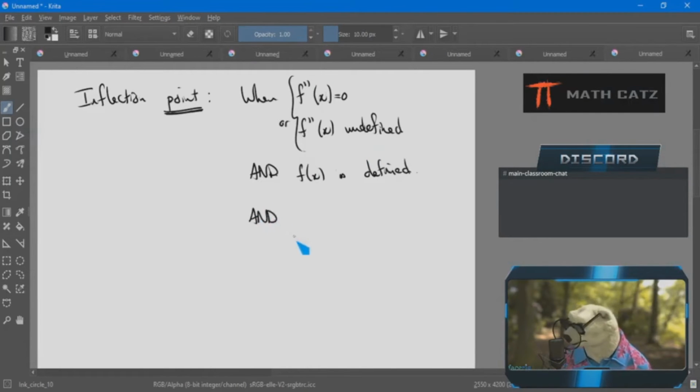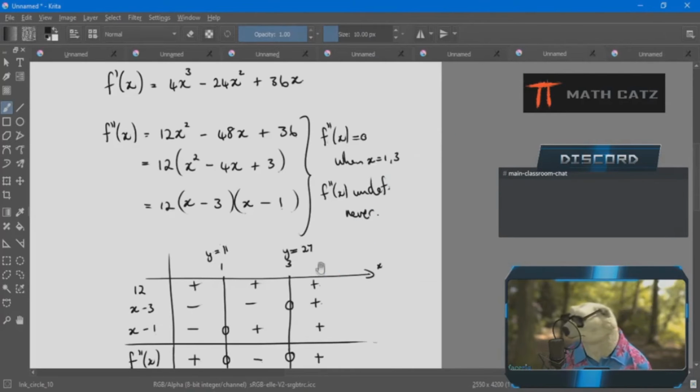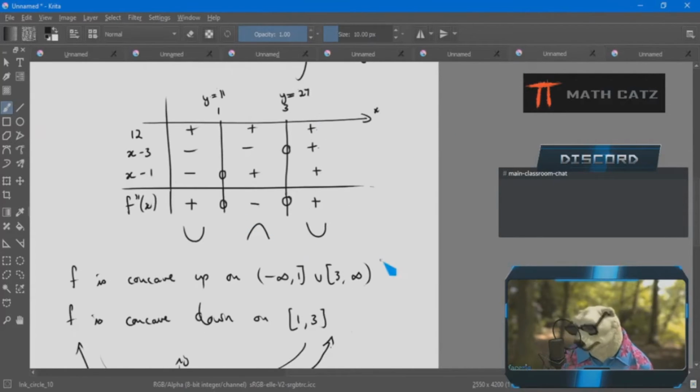But, of course, it can't be perfectly the same. There's another and. And the concavity, or the bend in the graph, must change as I cross that x value. I read that off my table. See how it changes from a plus to a minus, inflection point. Minus to a plus, inflection point.